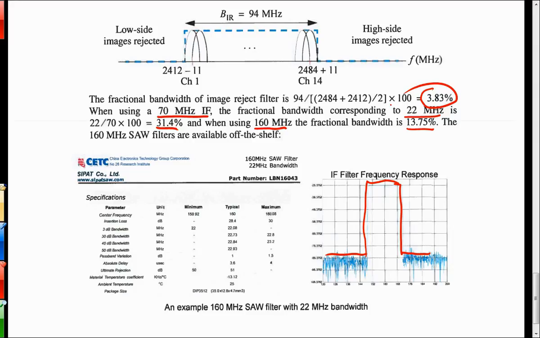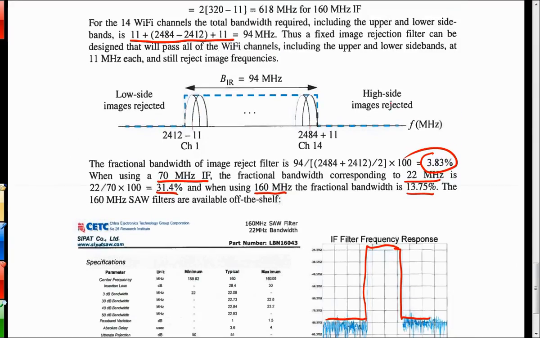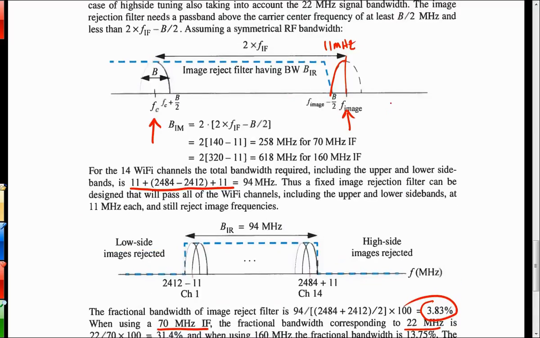But you'd probably make that a little bit wider, because for 94, the images with the 70 megahertz IF are 250 megahertz away, or they're 618 away with the 160, or you can have bandwidths up to 618. So that 94 megahertz is not a strict requirement. You can get by with a much wider bandwidth filter and not have to push the fractional bandwidth down.